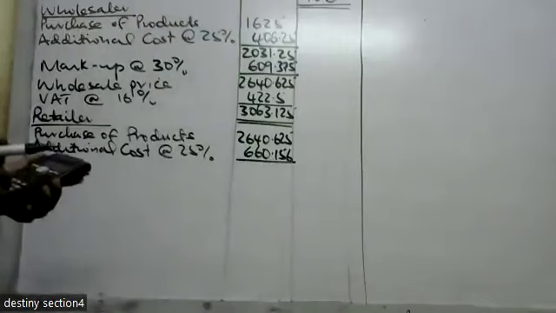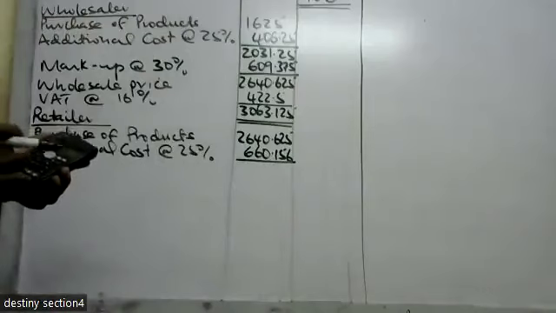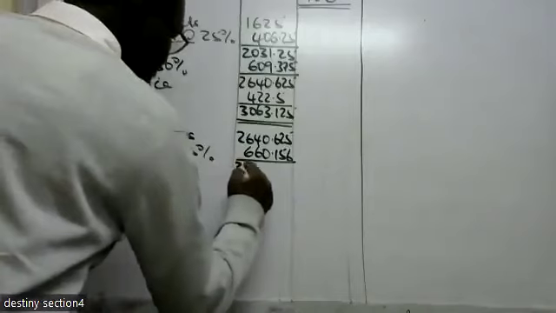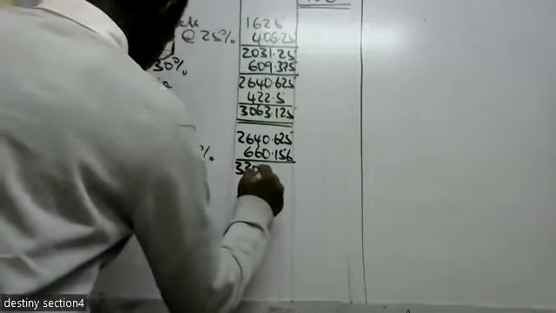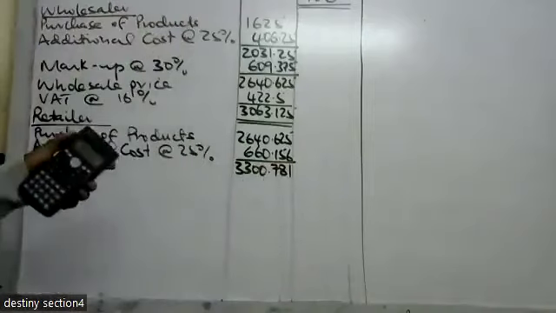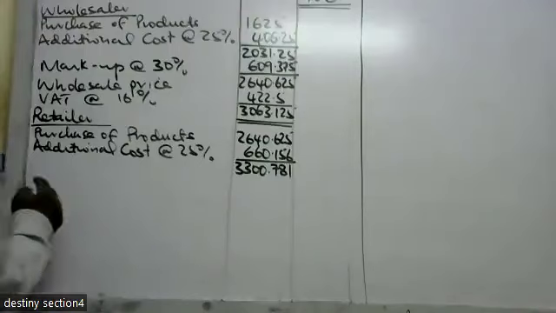Now you add that, and you get this 3,300.781.